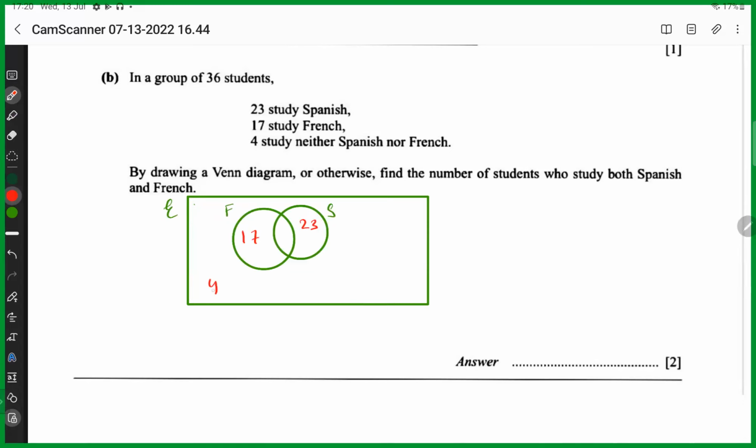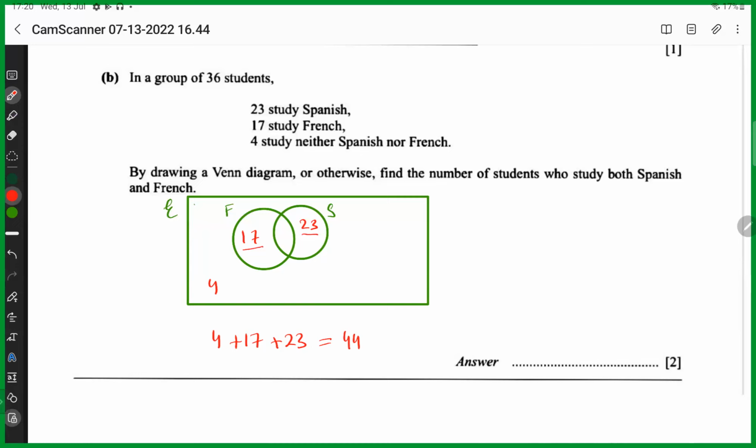But if you add these entries, 4 plus 17 plus 23, this is going to be greater than 36. Just do that. 4 plus 17 plus 23. This is giving me 44. Now this 44 is certainly not the case. It means that we have some students who are studying both Spanish and French.